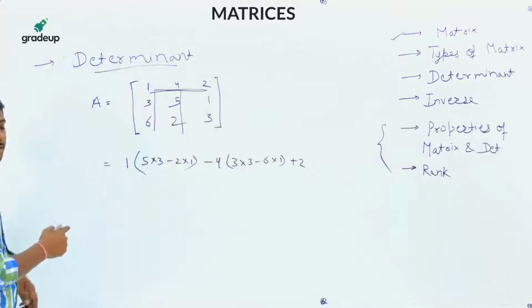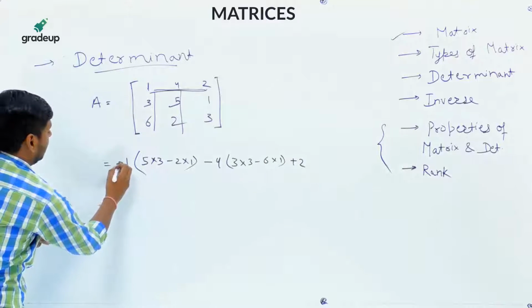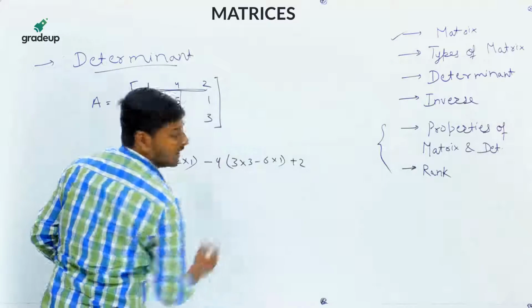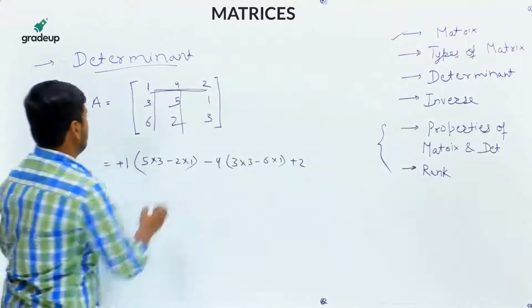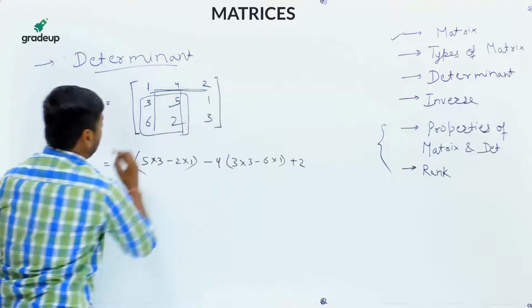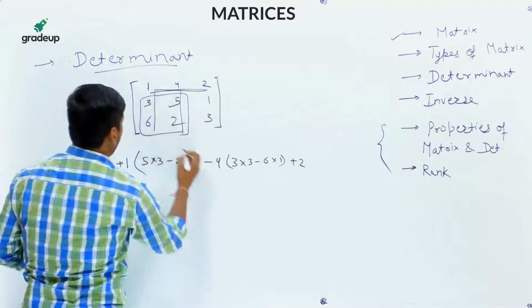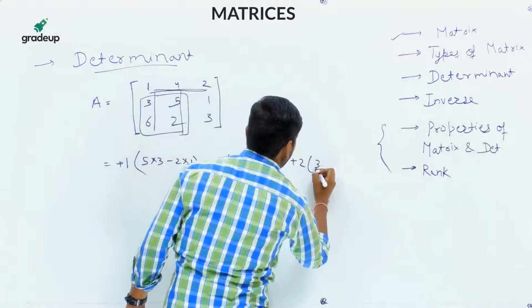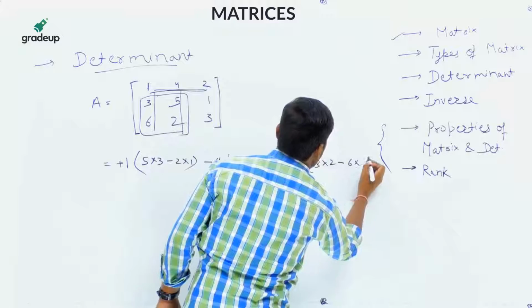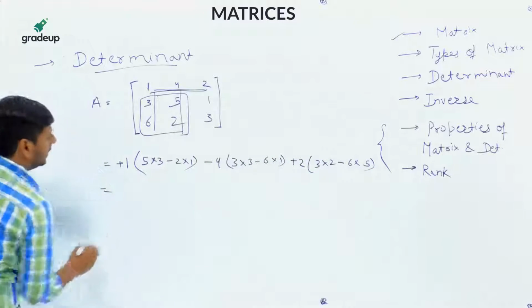With the first element we took a positive sign, with the second element we took a negative sign, and with the third element we will again take a positive sign. So the determinant of this matrix 3, 5, 6, 2 is 3 into 2, 6 minus 6 into 5.